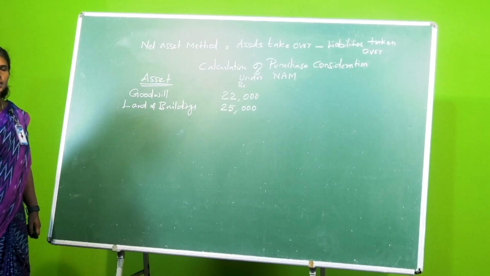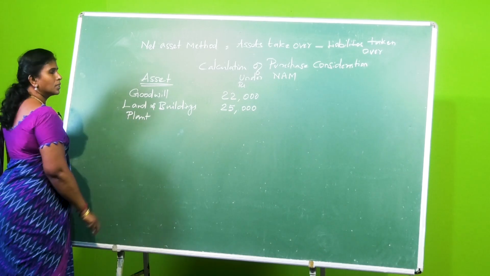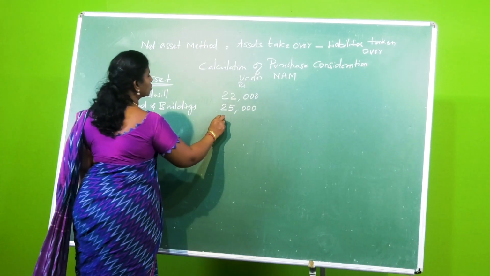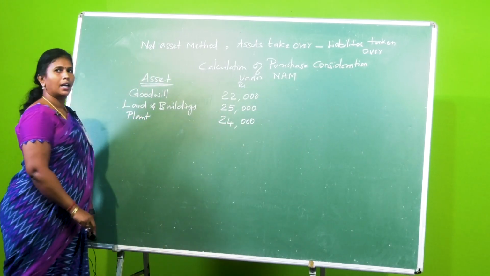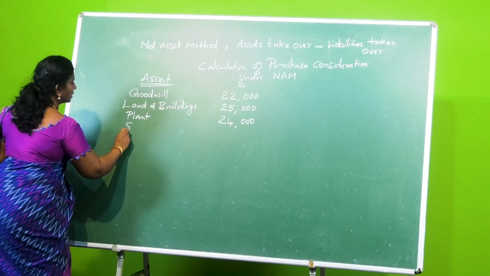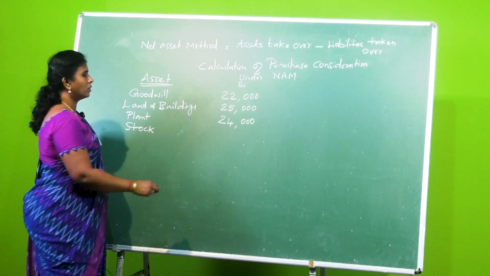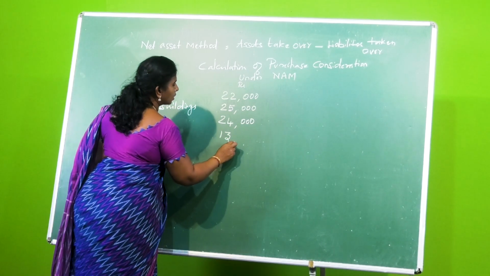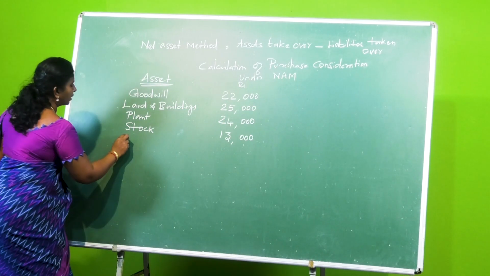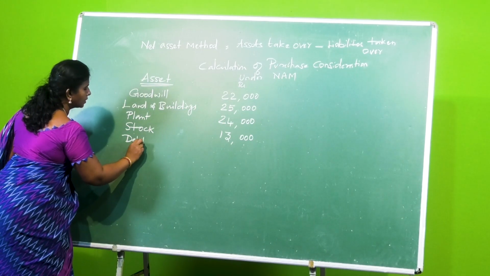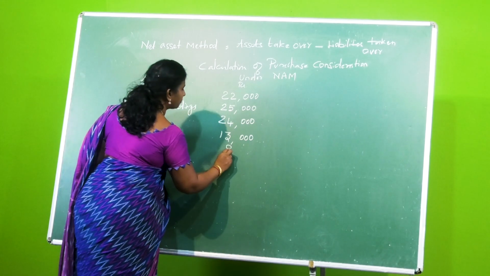Okay. And next asset, plant. So plant, the value is 24,000. Okay. And then next asset, stock. And stock, the agreed value is 13,000. And debtors, the agreed value of debtors is 8,000.